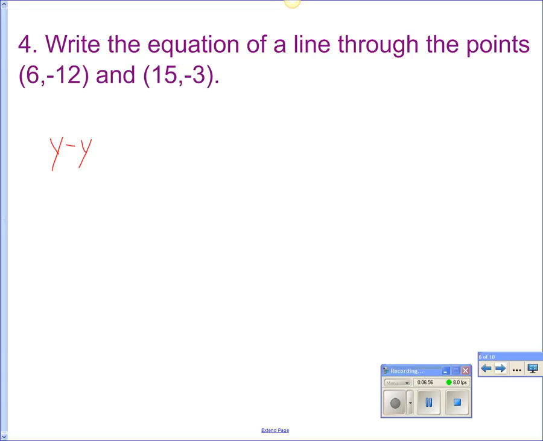Okay, so you're going to find the slope. So -12 minus -3 over 6 minus 15. Good, I see some people going ahead and typing that in, seeing what they're going to get. That's great. Tamara, what are you getting for the top? -12 minus -3. Negative 9.